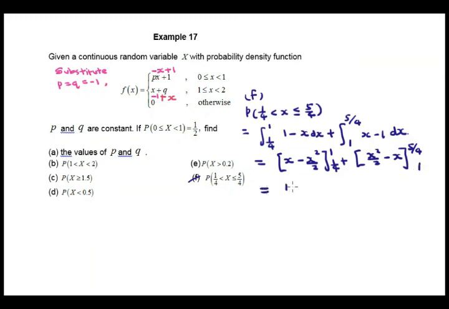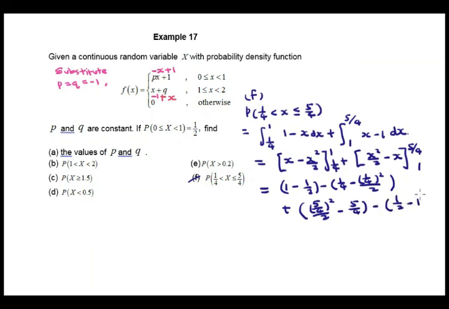Substitute the limits: 1 minus 1 over 2, minus 1 over 4 minus 1 over 4 squared over 2, plus 5 over 4 squared over 2 minus 5 over 4, minus 1 over 2 minus 1. From the calculator, it is equal to 5 over 16.